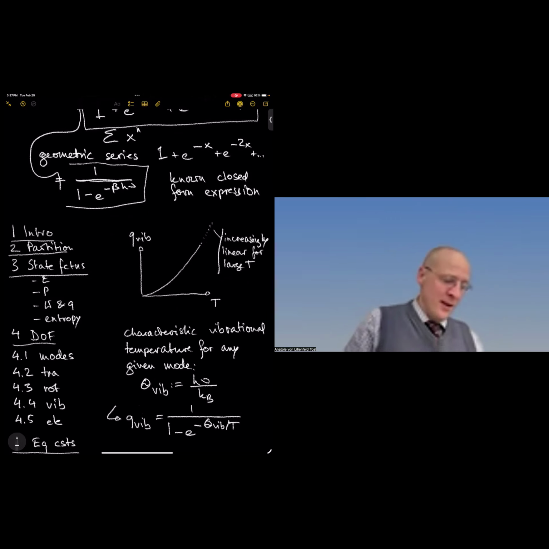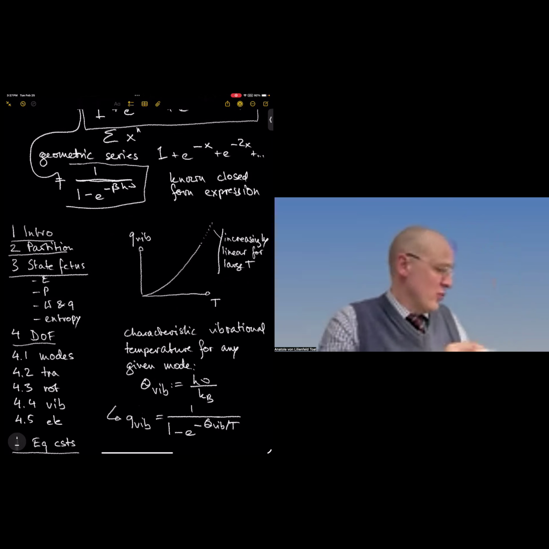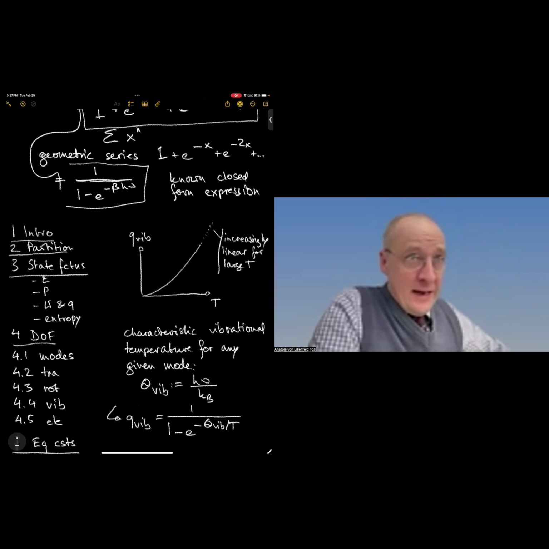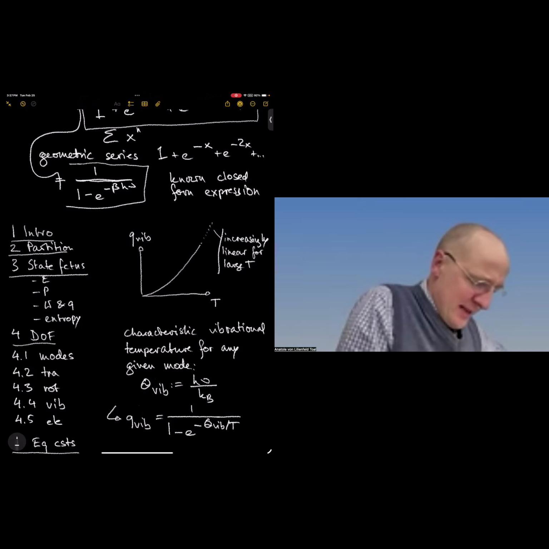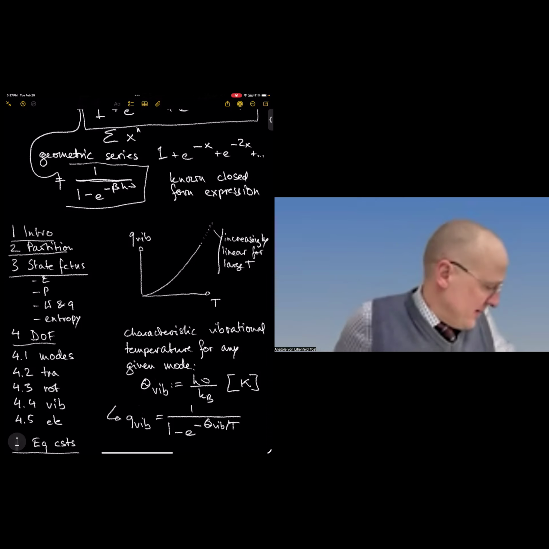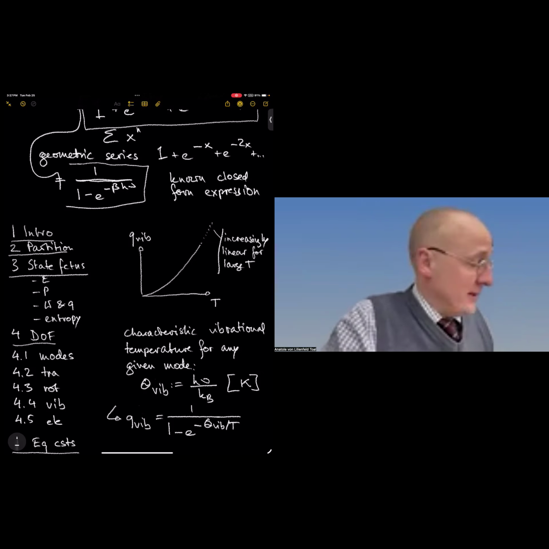So the Boltzmann constant in your beta was now swallowed by this characteristic temperature. And this has units of Kelvin, right? It comes in units of Kelvin. So the exponent is unitless.